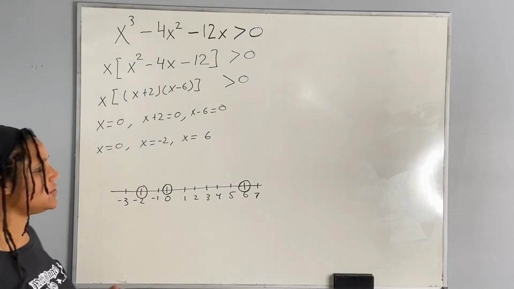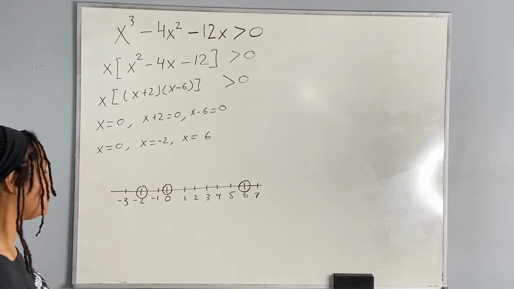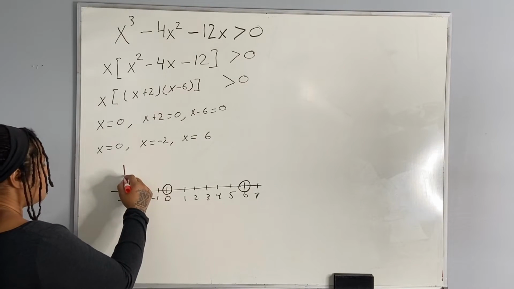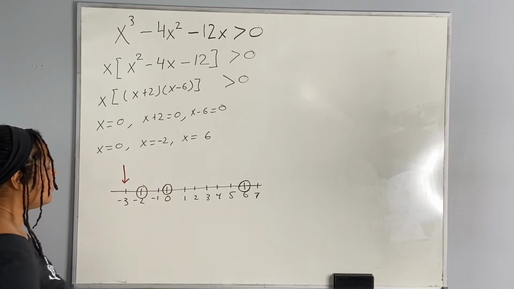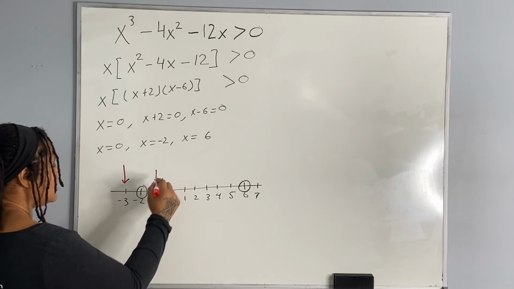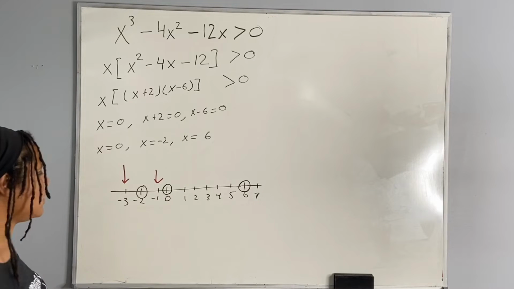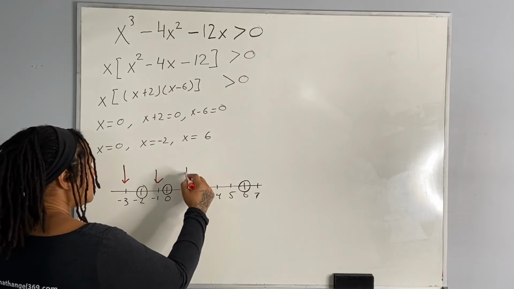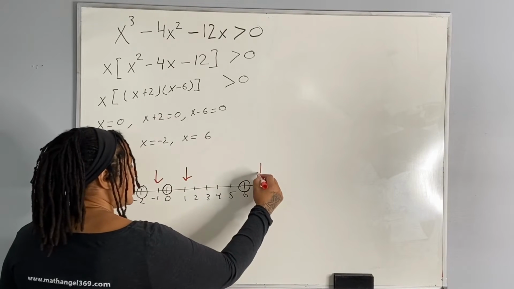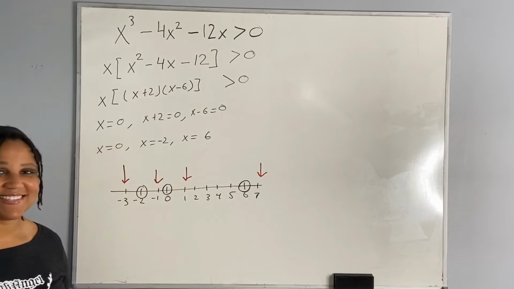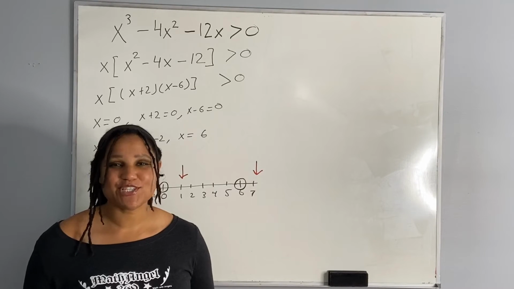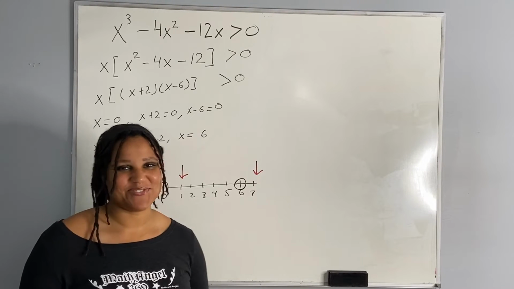So we want to use the test point method. We are going to test a number below negative 2, a number in between negative 2 and 0, a number in between 0 and 6, and a number that is after 6. Now you can choose more than one number, but I'm just going to choose the easiest one.